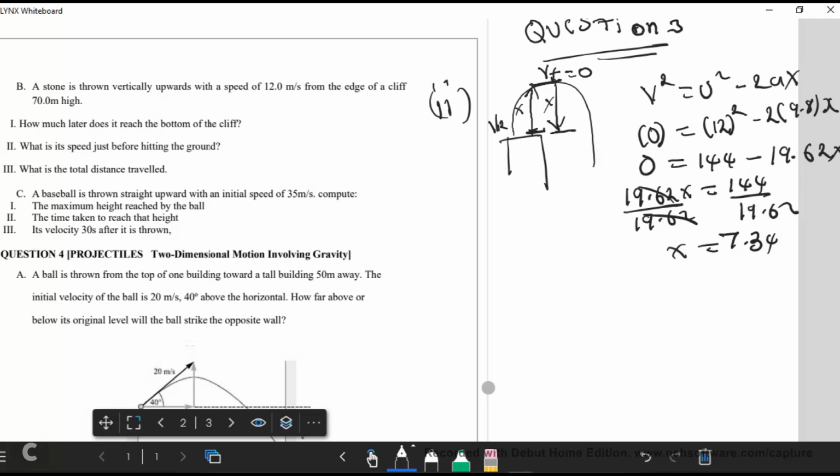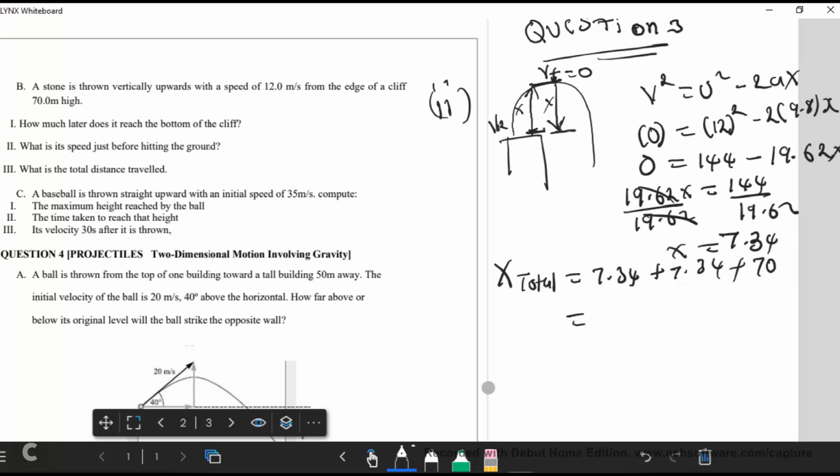So it's 7.34 from here up to here. How about from here up to here? Meaning your total distance is 7.34 of going up plus 7.34 of coming down. How about for the building? For the building it was 70.